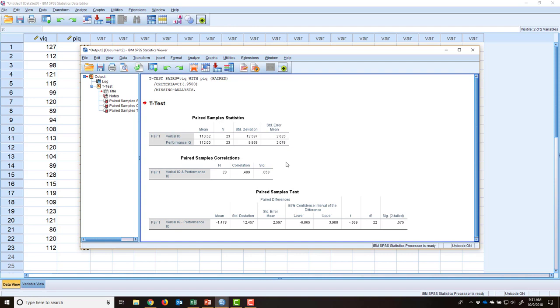In the paired t-test, our control group and our experimental group are the same, right? There's no difference between them. So we just want to make sure that there's a correlation between those two numbers. If there's no correlation, then we can't really use the paired samples t-test. We paired them because they're similar.